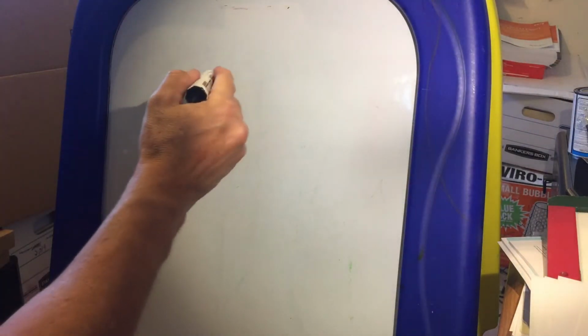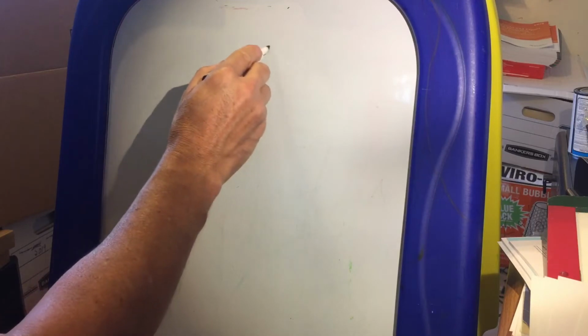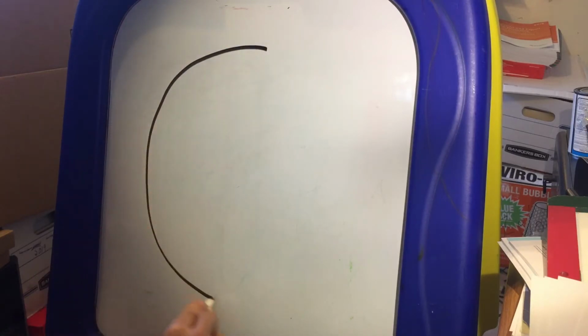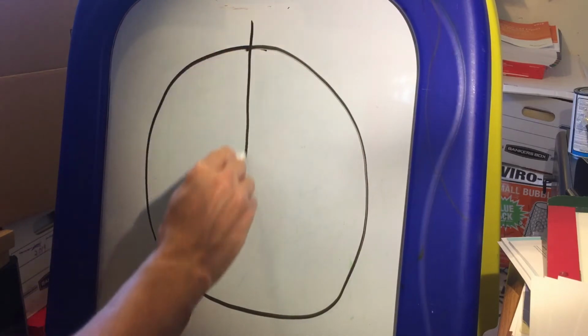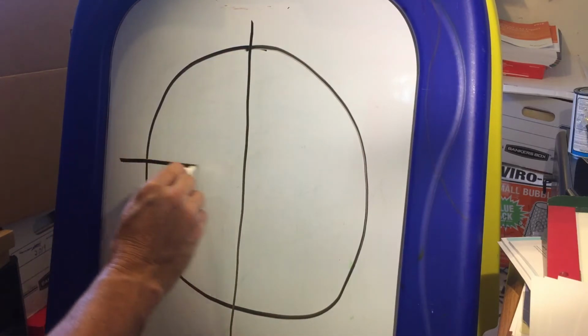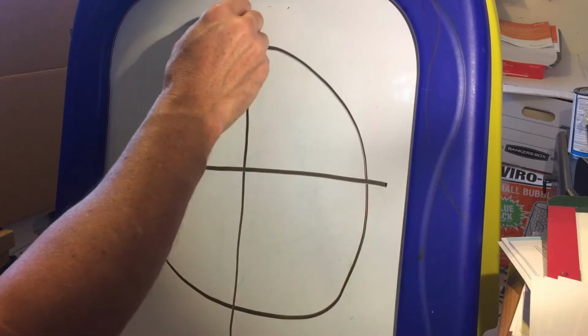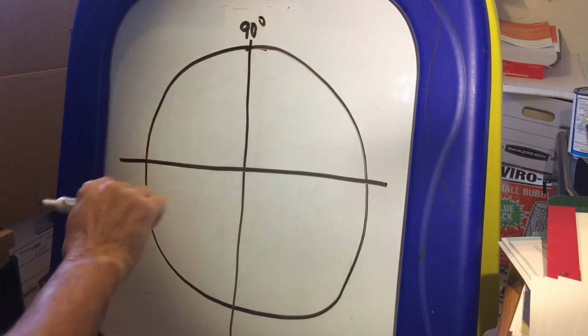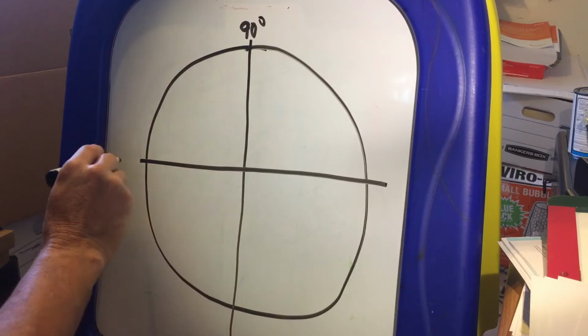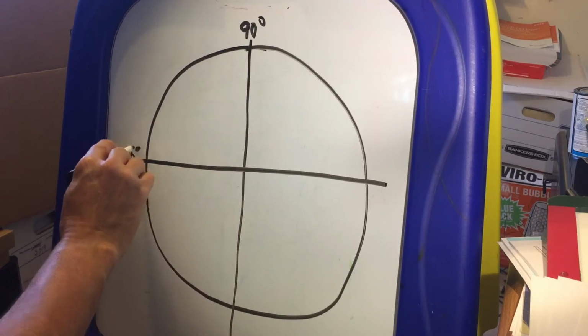Okay, so I'm going to start with a circle as big as I can get it, where I have a little bit of room here on my kid's board. And then I'm going to split it into quarters, and these should be easy. We have 90 degrees. Start with degrees. We have 180 degrees.